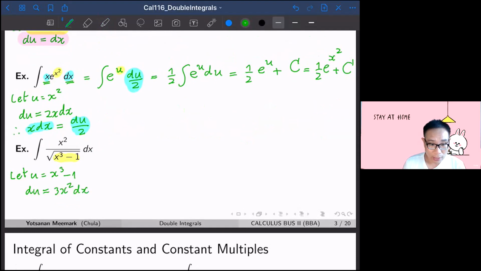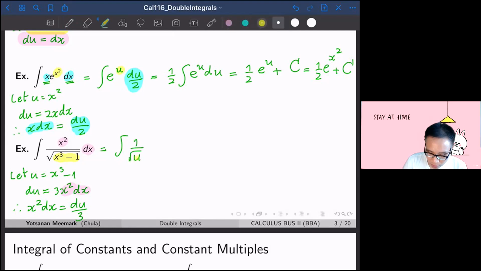And you see that you are asking for x squared dx here. So x squared dx turned out to be du over 3. So it's going to be the integral of 1 over root u, and you have du over 3.